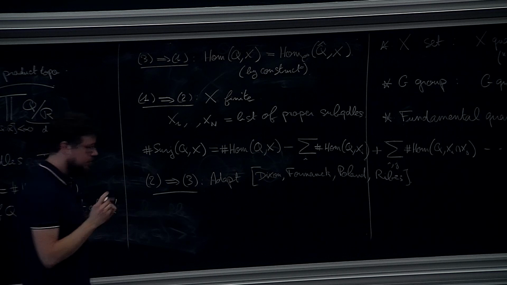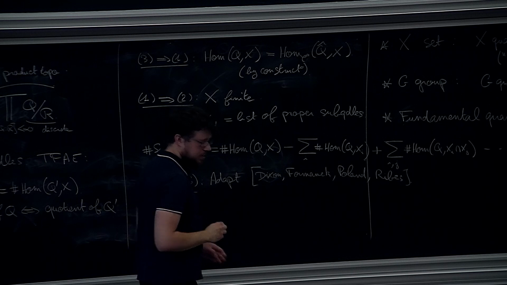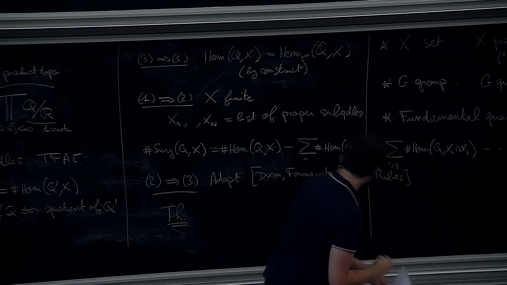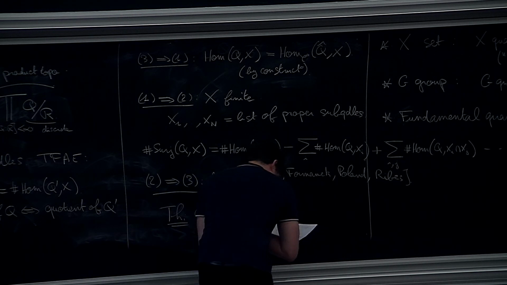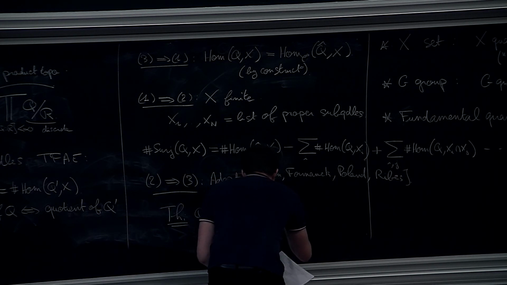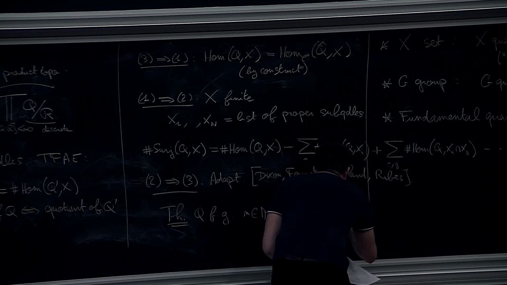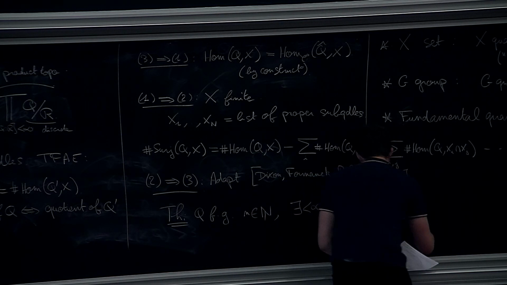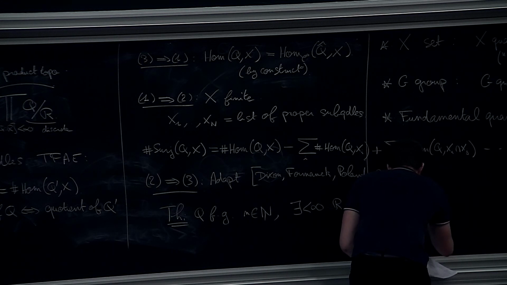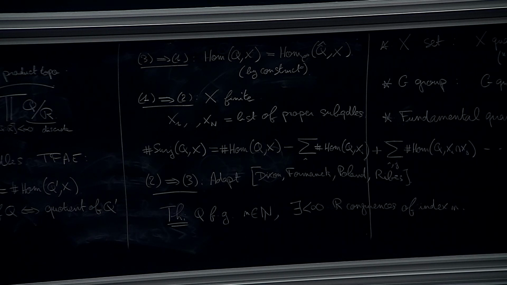With one condition: you need to have this theorem, which is that if you have a finitely generated quandle Q and an integer n, there exists only a finite number of congruences on Q of index n. You probably know this from group theory. And this is the crucial part.